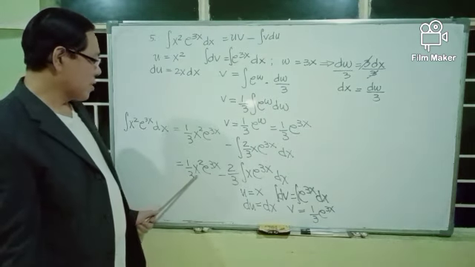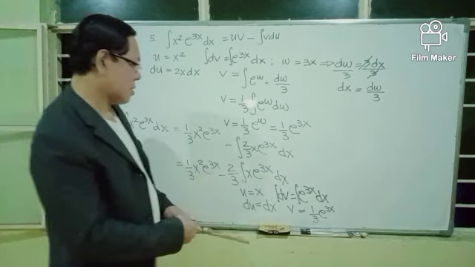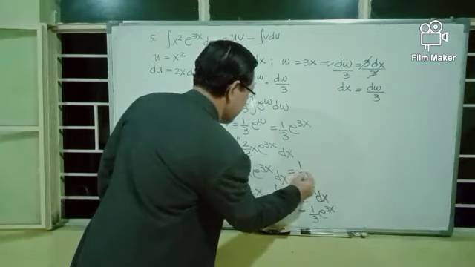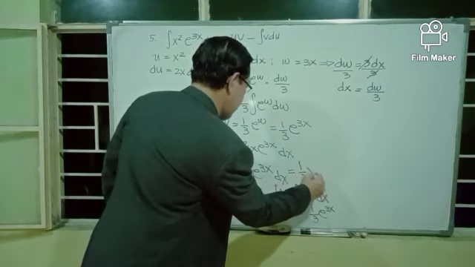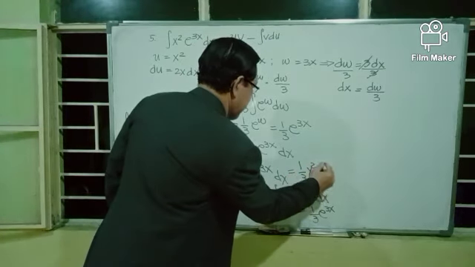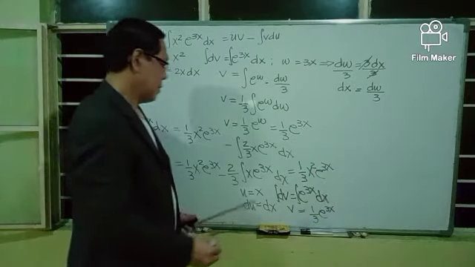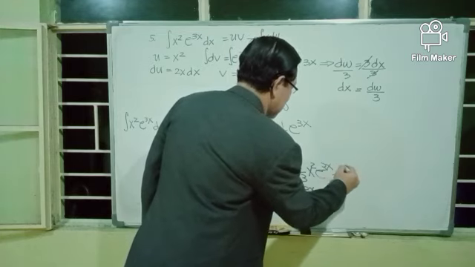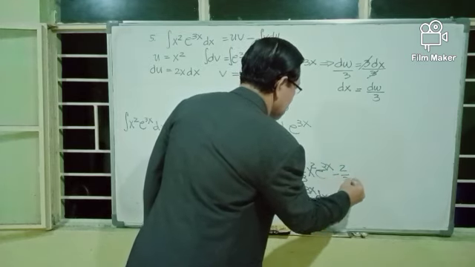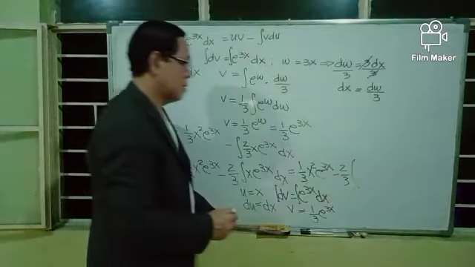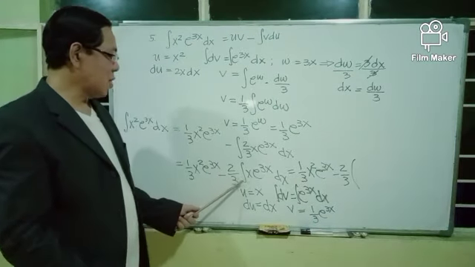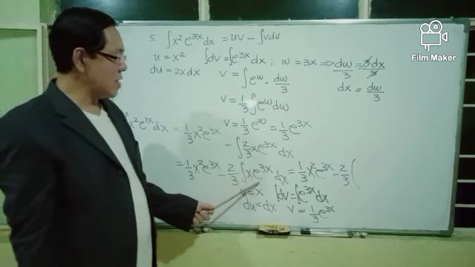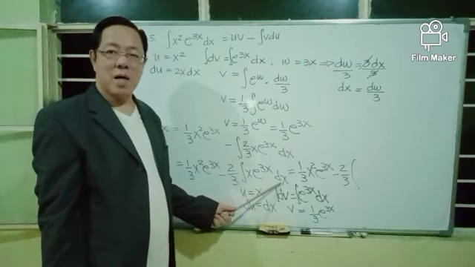So we write 1/3 x squared e to the 3x minus 2/3 times the result of integrating the integral of x e to the 3x dx by parts.